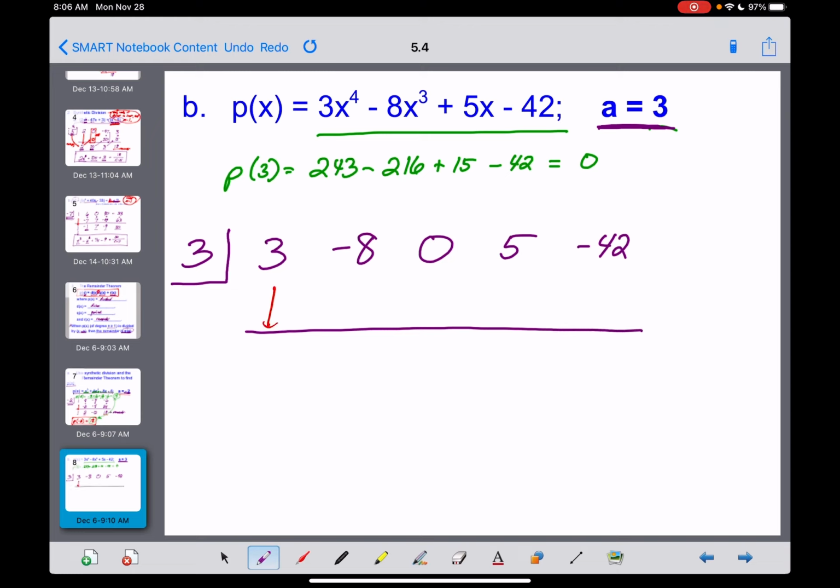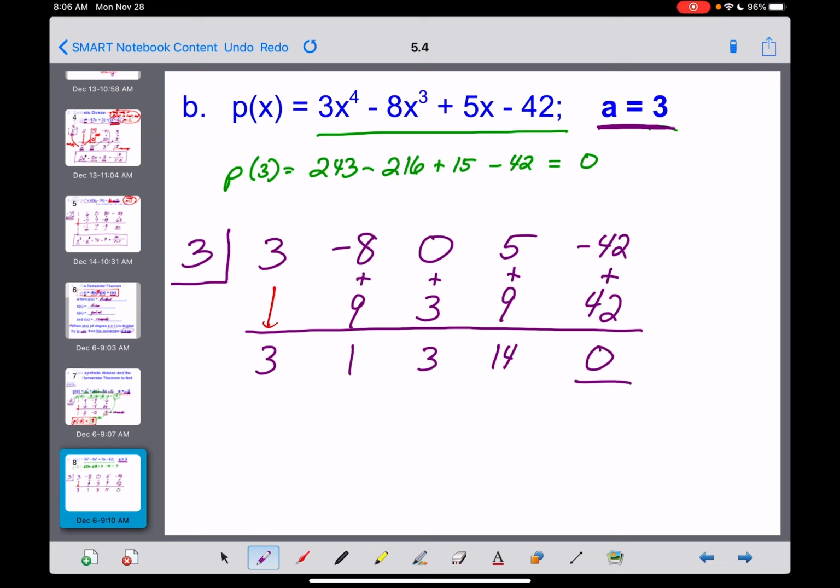We bring the 3 straight down, and we start multiplying now. 3 times 3 is 9. We add these two terms together and get 1. Okay, 3 times 1 is 3. Adding 0 plus 3 gives us a 3. 3 times 3 is 9, and the 5 plus the 9 is 14. 3 times 14 is positive 42. We'll add those together.